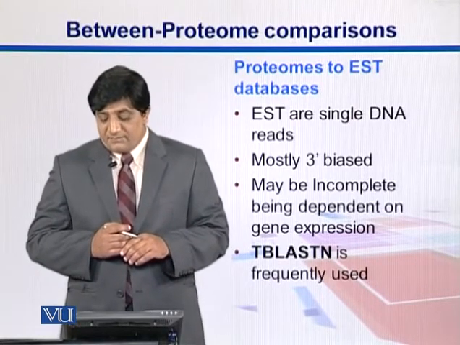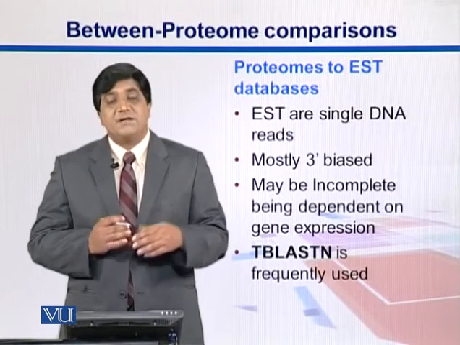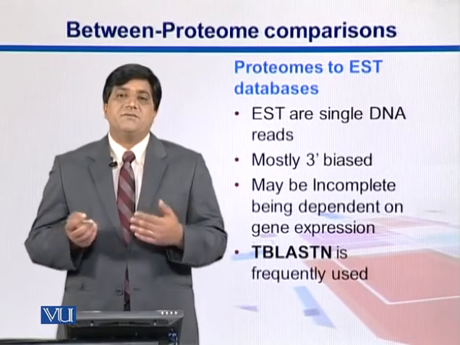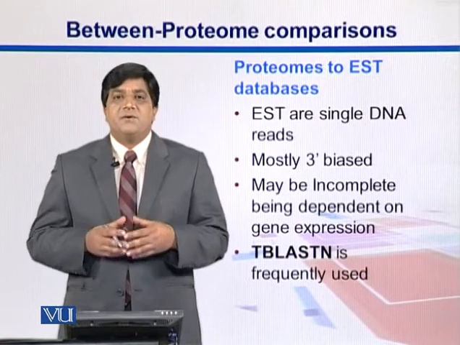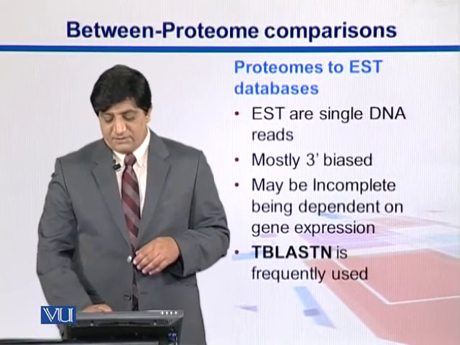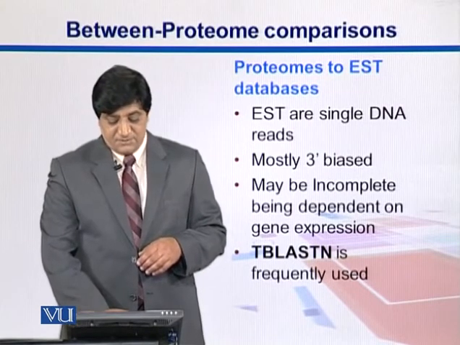So we can have incomplete ESTs because it depends upon gene expression. If we don't have genomes, and instead have ESTs, we might be biased towards only those genes which are expressed. The program in BLAST used for this purpose is tBLASTN.